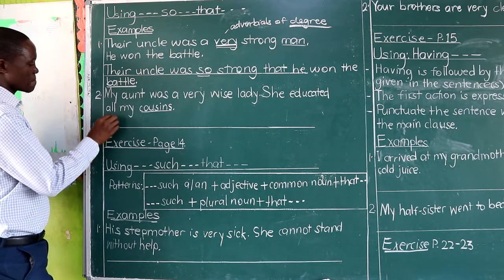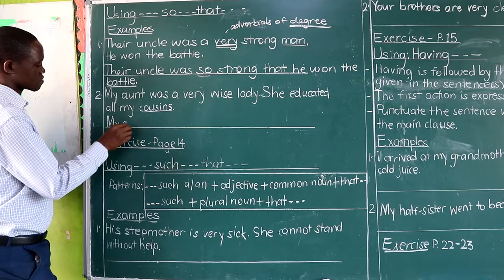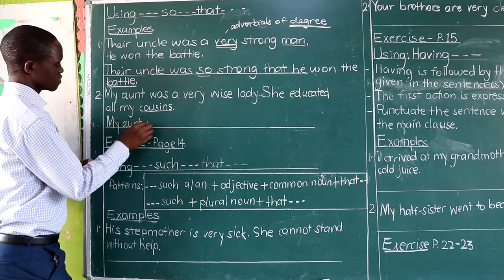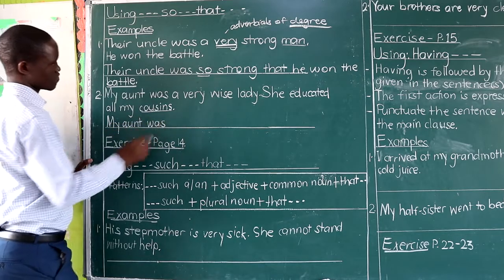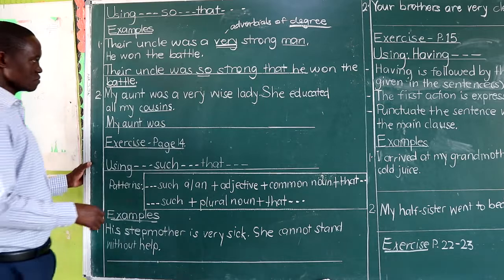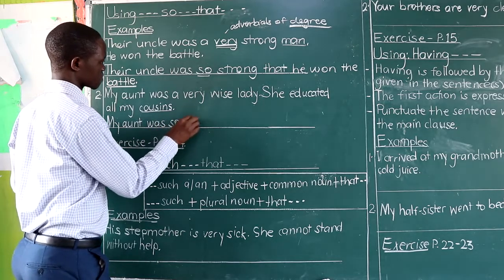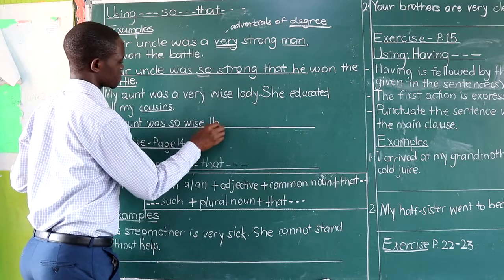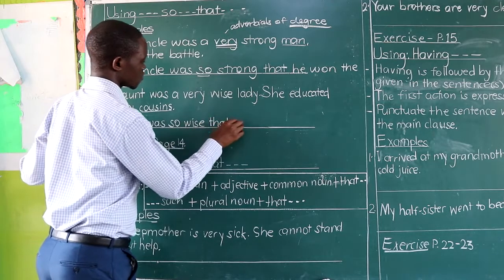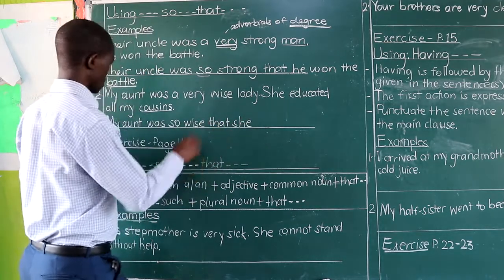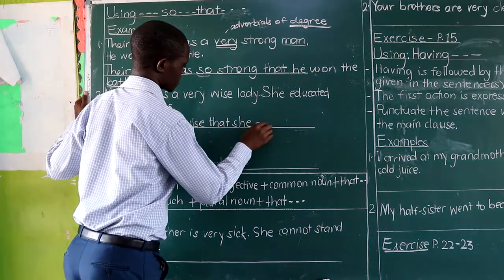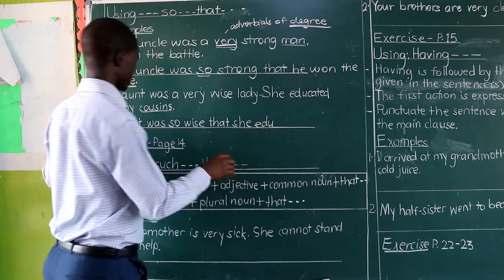I will say, my aunt was, checking our pattern right from example 1, so wise that she educated all my cousins. Do we have all? Yes.